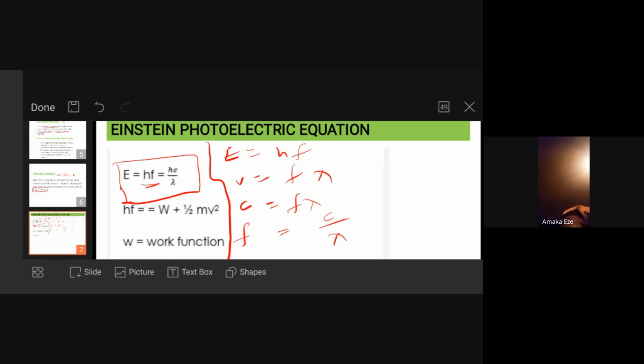There are times you can combine hf equals hc over lambda to solve a given problem. So have it in mind that E equals hf or E equals hc over lambda, where f is the frequency of the photon, c is the speed of light, and lambda is the wavelength of the wave.